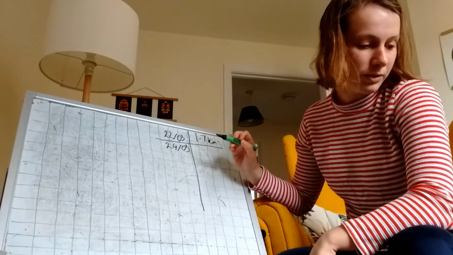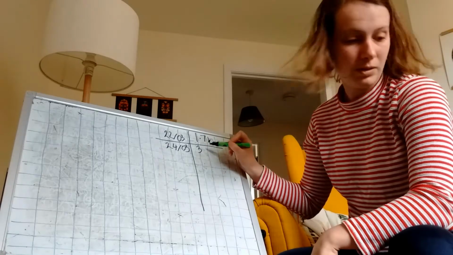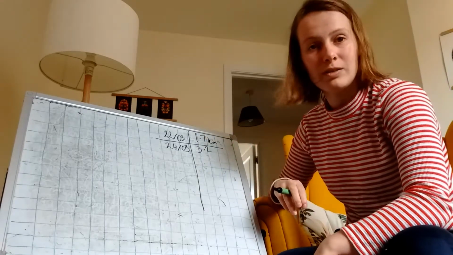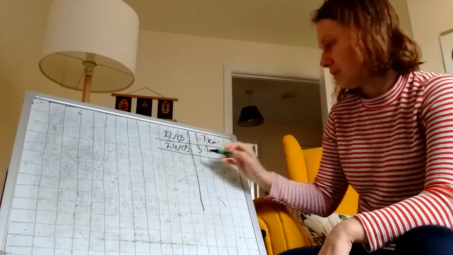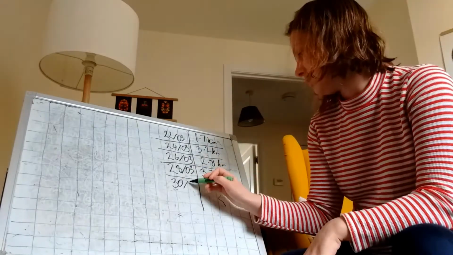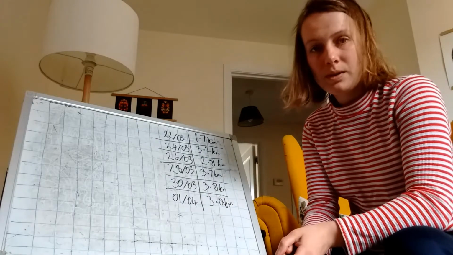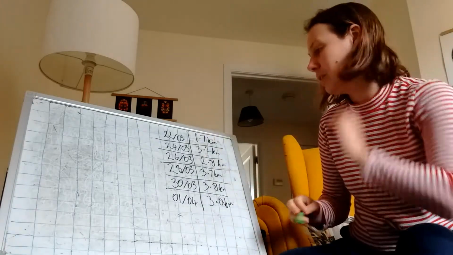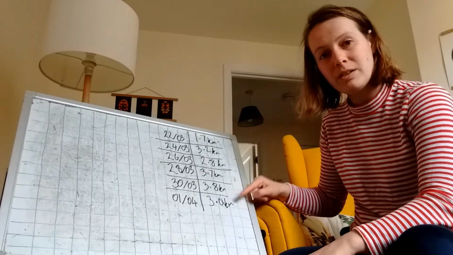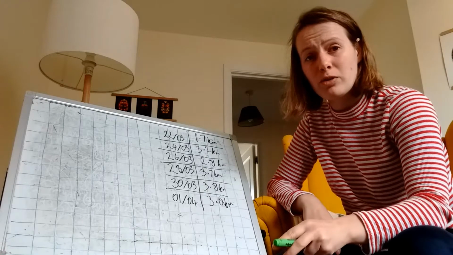On the 24th, I ran 3.2 kilometres. So, I've got my dates down here and the numbers down here. I'll take a picture of this and put it up so you can use my data if you want to.